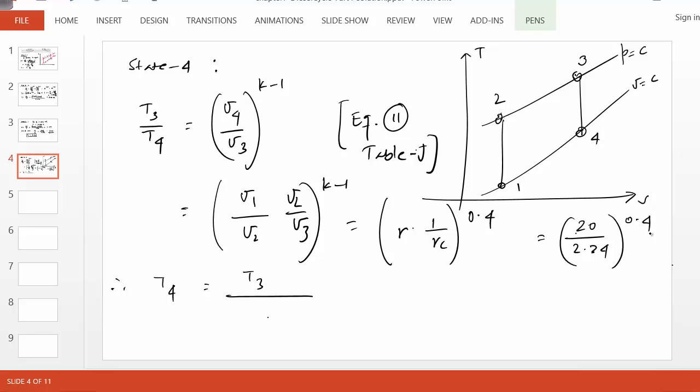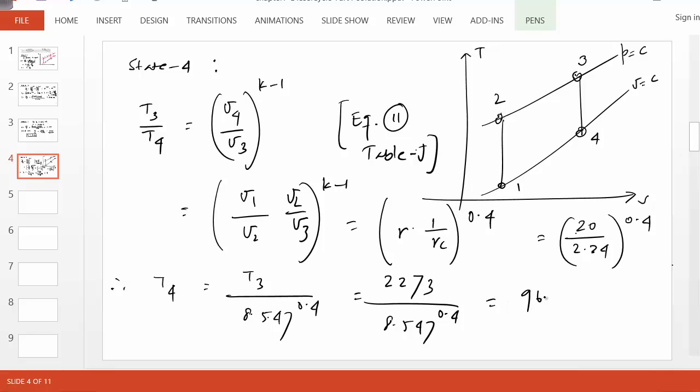And if we calculate that, it is 8.547 to the 0.4. So we know T3 is 2273. So therefore T4 can be obtained as 963 Kelvin.